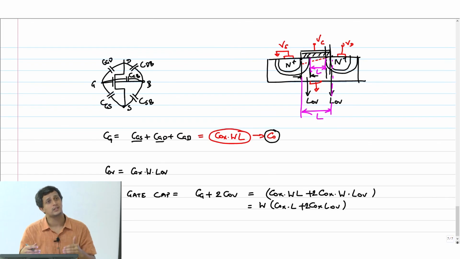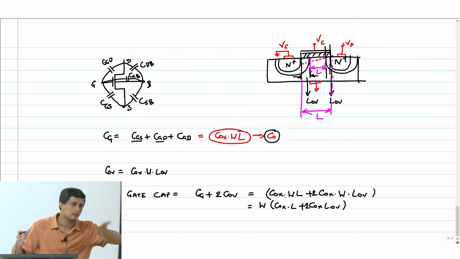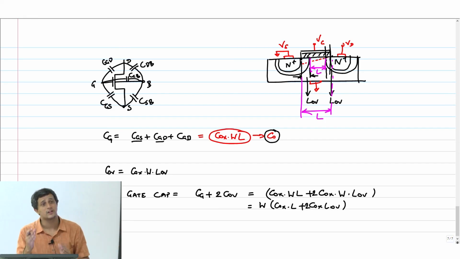And the third condition, when it is in saturation, there is an uneven distribution where there is more charge on the source side rather than the drain side. Therefore, that capacitance again changes. So that's why I said the first picture is, even without considering overlap capacitance, I have to write the capacitance as a component of 3 things.